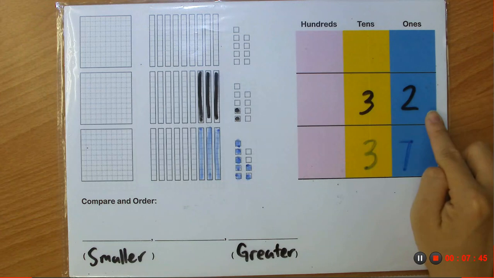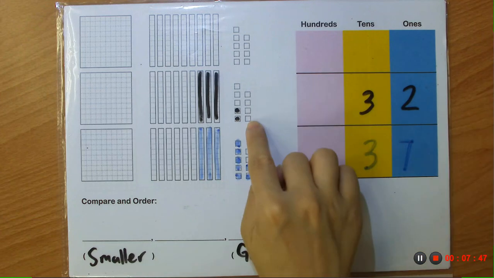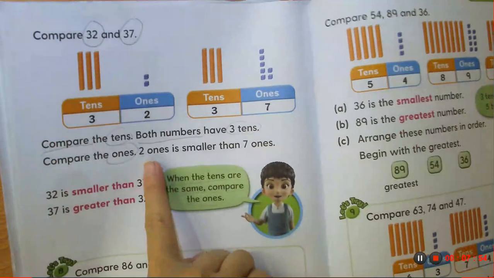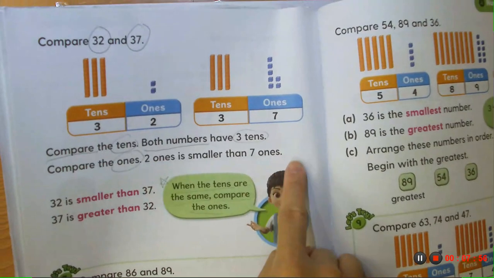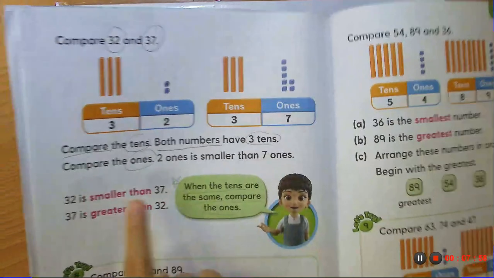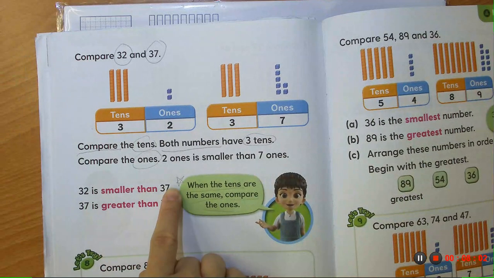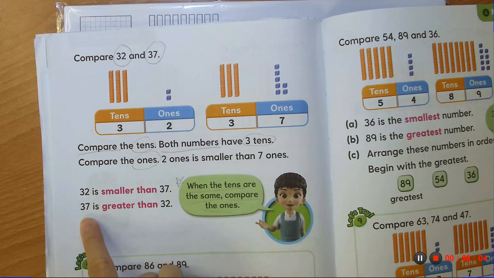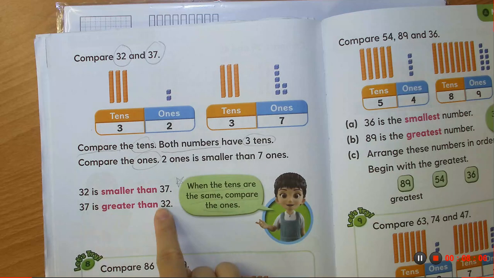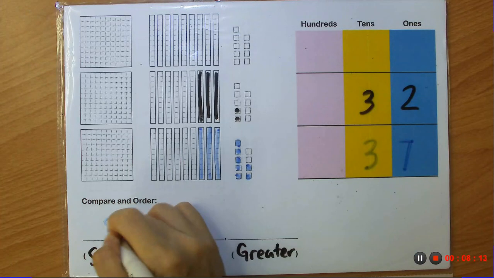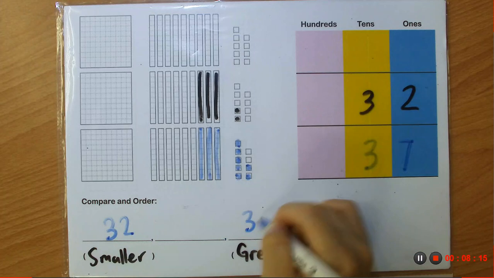I compare the ones. 2 ones is smaller than 7 ones. So we can say that 32 is smaller than 37. 37 is greater than 32. Here, 32 is smaller and 37 is greater.